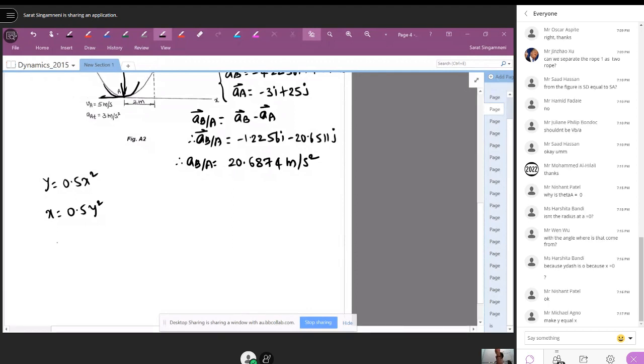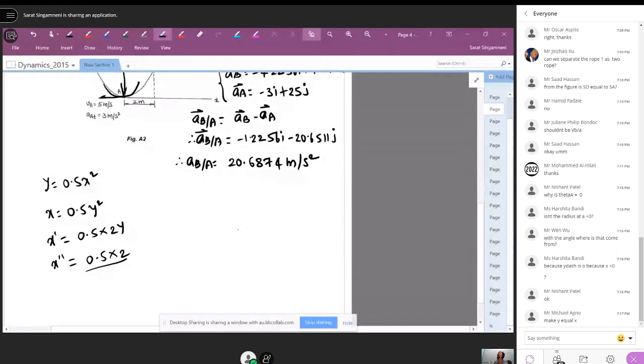You just follow the same procedure. Find x dash is 0.5 times 2y, and x double dash is 0.5 times 2, and use the same equation to find the radius of curvature. And then theta, with the calculation of theta.